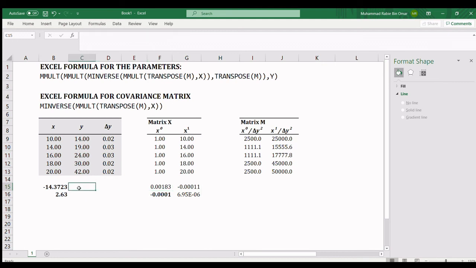So for the y-intercept, the parameter error is given by the square root of the first diagonal element, and the error of the gradient of the straight line is given by the square root of the second diagonal element.